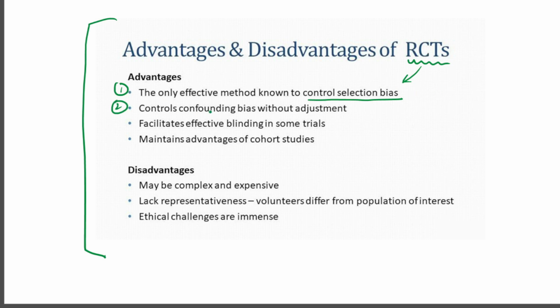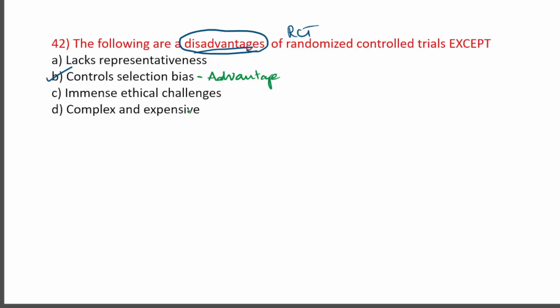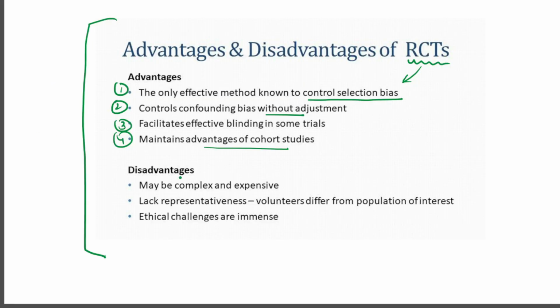Let us see the other points. It controls confounding bias without adjustments, and it facilitates effective blinding. Also, it maintains the advantages of cohort studies. So these are the advantages of RCTs. The disadvantages are that it may be complex and expensive, then the immense ethical challenges, and then the lack of representativeness.